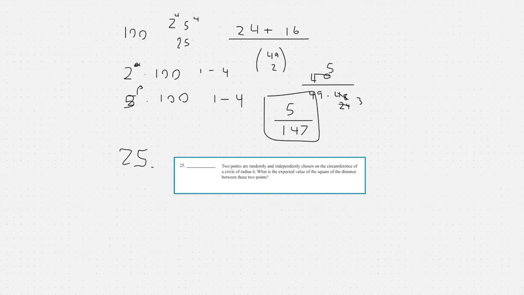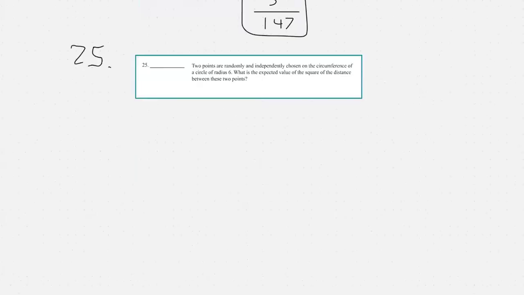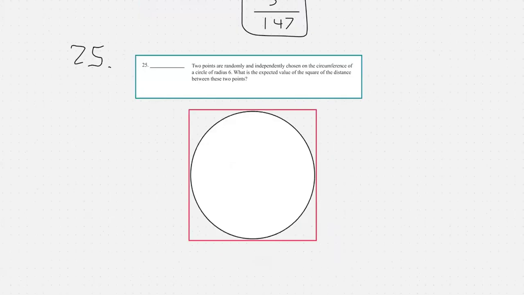So we can imagine we have a circle, right? Here's a circle. We need to find the expected value of the square of the distance between 2 points. Assume one of the points is right over here.